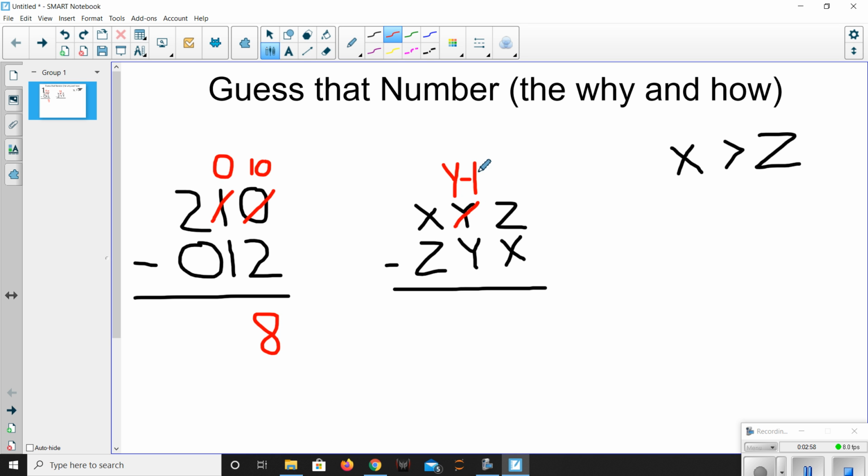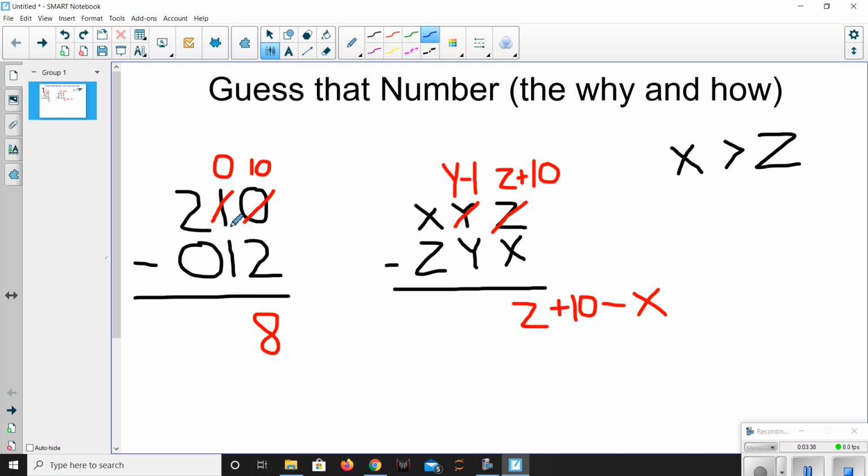Now we take that 1 ten and add it to our Z. So 1 ten is actually 10 ones. So now we have Z plus 10. Okay. So now we know that Z plus 10 is more than X, so we do Z plus 10 subtract X, and we have Z plus 10 subtract X.